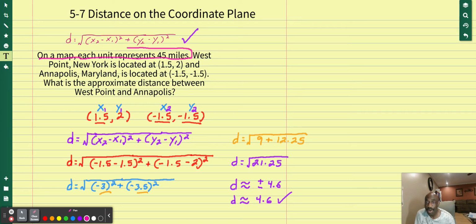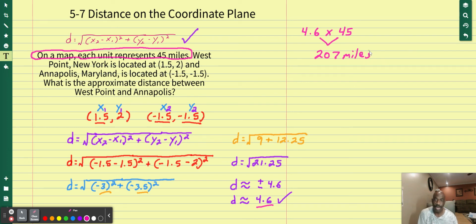This is the most important part. Why is that? Because this answer down here represents the units. That is 4.6 units. So what we have to do is take the 4.6. Each unit is actually 45 miles. So I'm going to multiply 4.6 times 45. And that will give me approximately 207 miles.